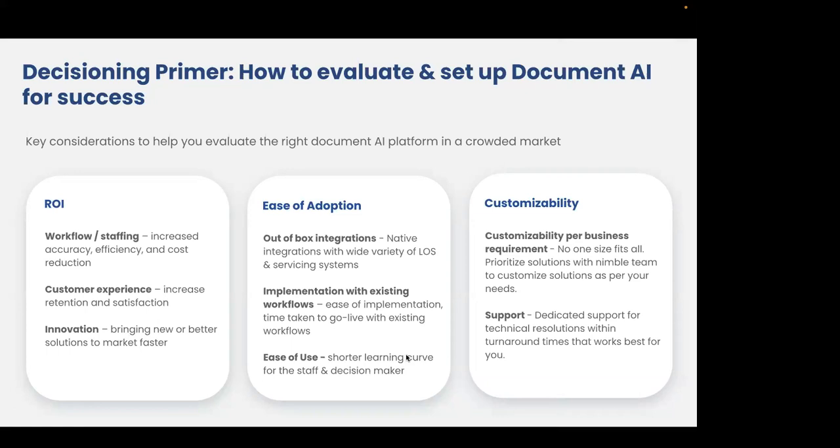I want to look at the AI's ability to learn from specific documents and processes. The value of Document AI lies in its ability to adapt to unique needs and grow smarter over time, right? And grow consistent and smarter.